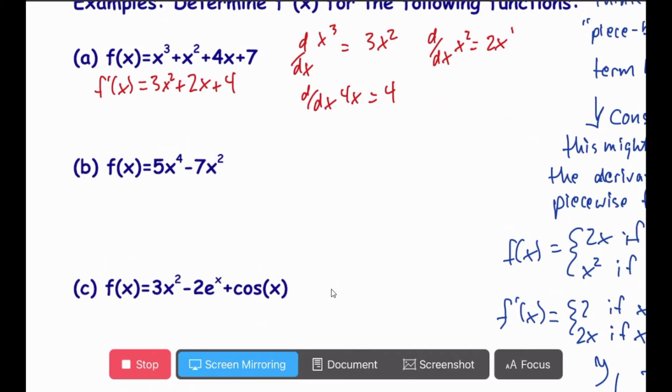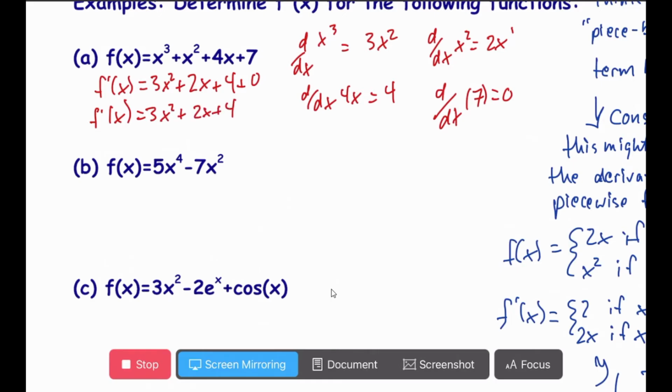So the derivative of a constant value is just 0. So if we had a constant value, what's the slope of that line? Well, it's going to be 0. We've seen that already. So the derivative of 7 is just 0. So plus 0. So I don't need to write that. So I can just write f prime of x is equal to 3x squared plus 2x plus 4.